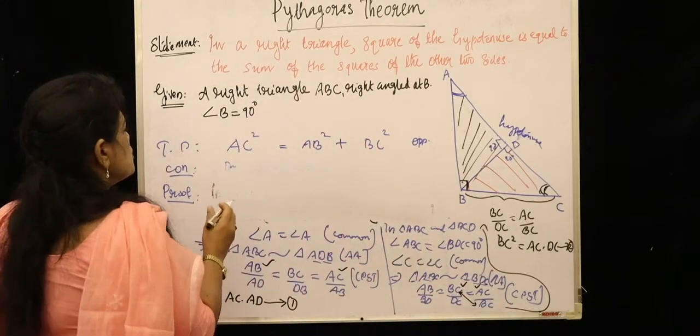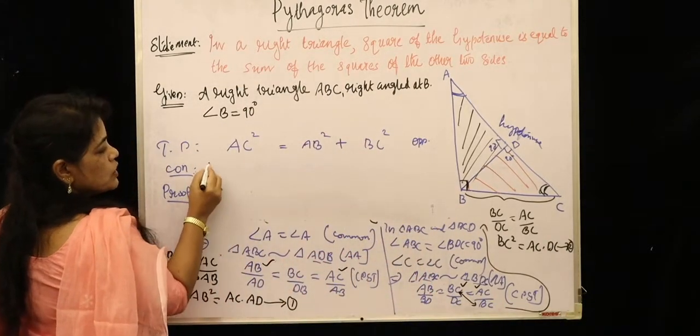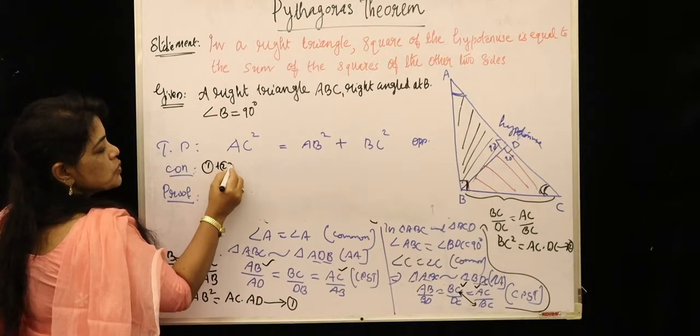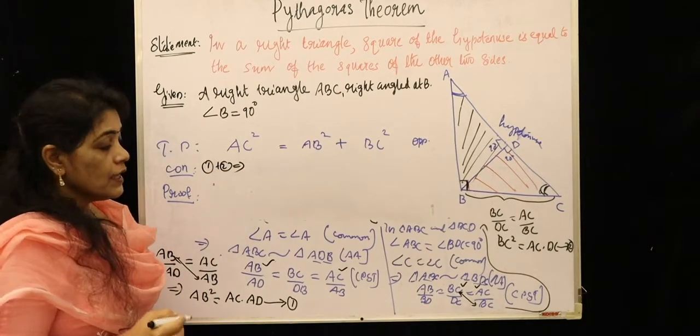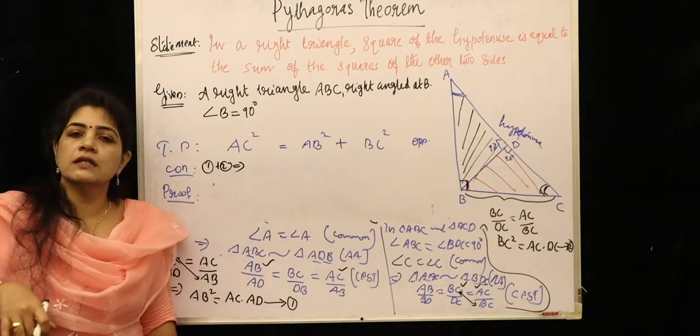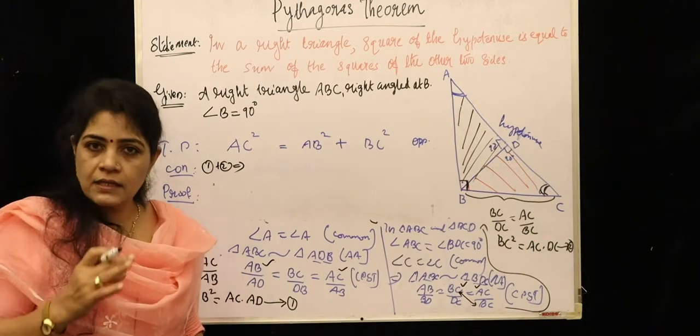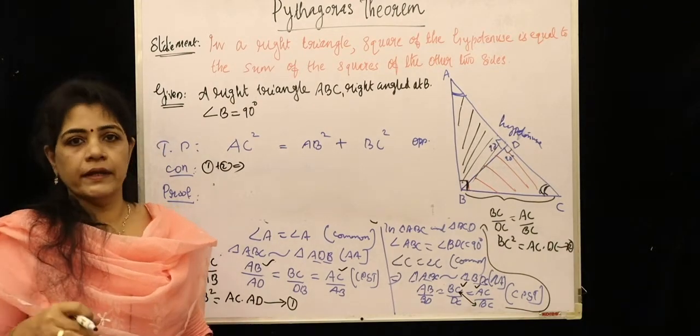So, in the second step, you can write here, children, by adding equation 1 and 2. How can we add two equations, children? By adding their LHS and RHS separately.